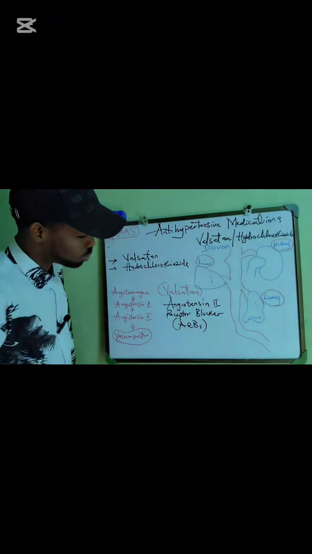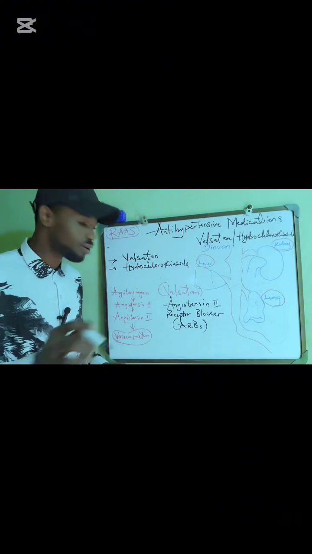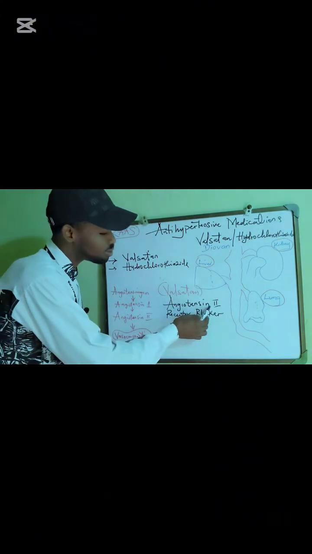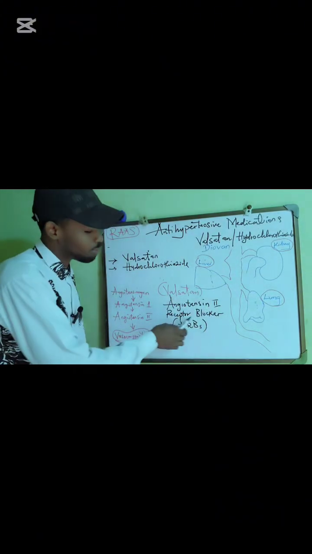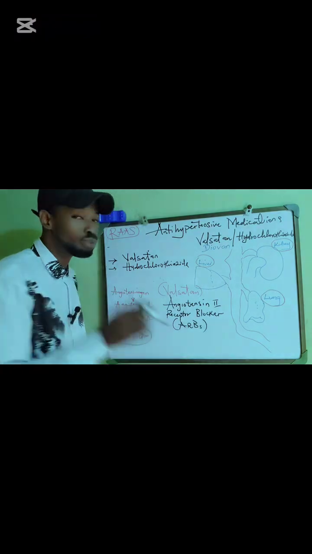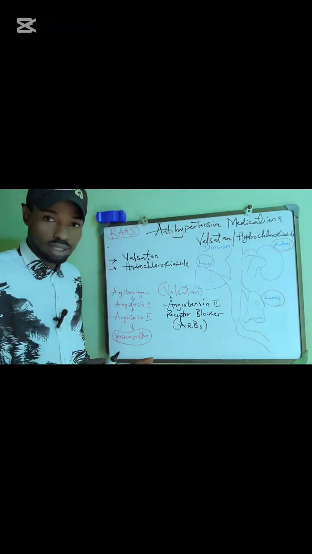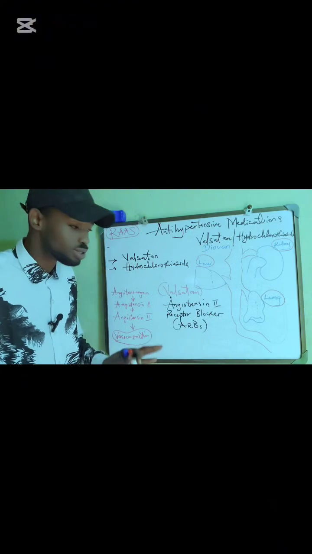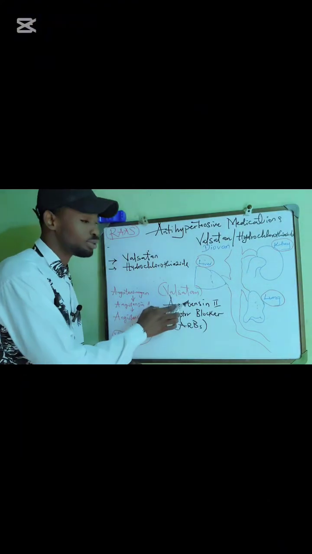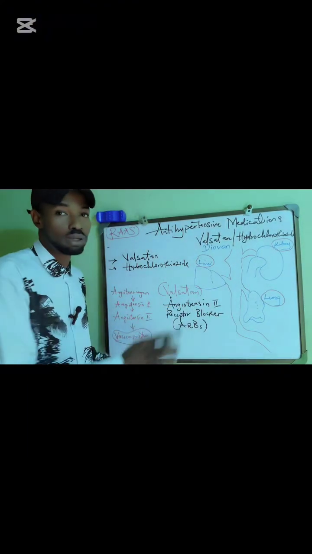It belongs to a class called angiotensin 2 receptor blockers. That means they block angiotensin 2. Do you get it? That is the class, or the group, it belongs to.